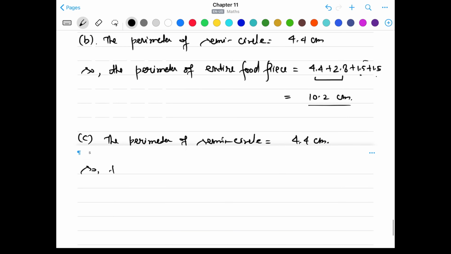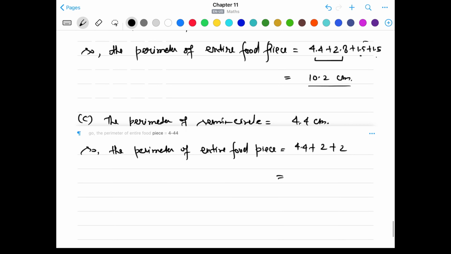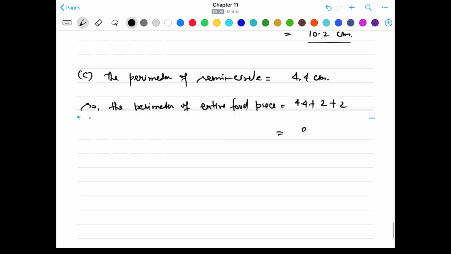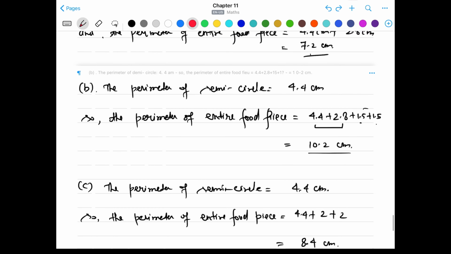So the perimeter of the entire food piece will be 4.4 plus 2 centimeter plus 2 centimeter. When we add them, the result will be 8.4 centimeter.